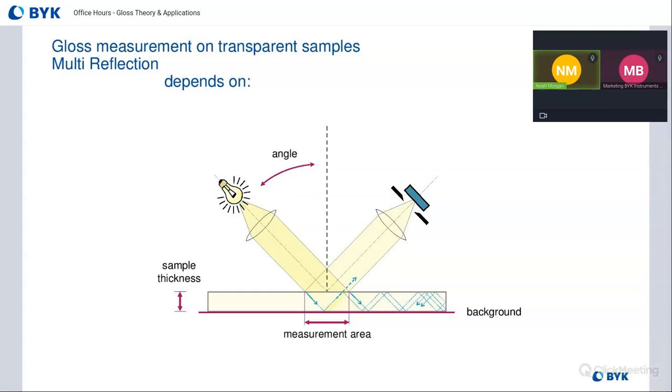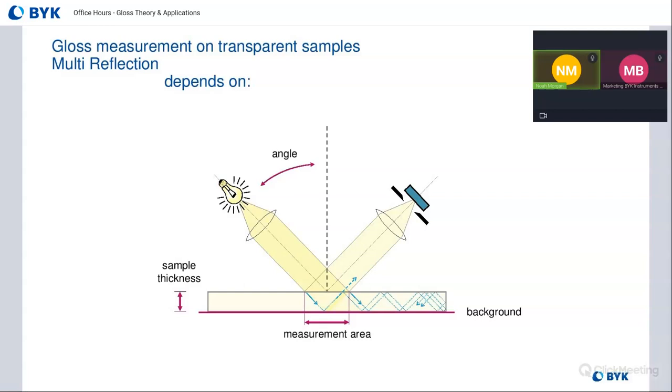We do have a question that goes back to the transparency we were talking about. How thick does the sample need to be if it's transparent to make a significant difference in the gloss? Really, if it's any type of transparent sample, it's going to make a difference when you're measuring with a gloss meter.